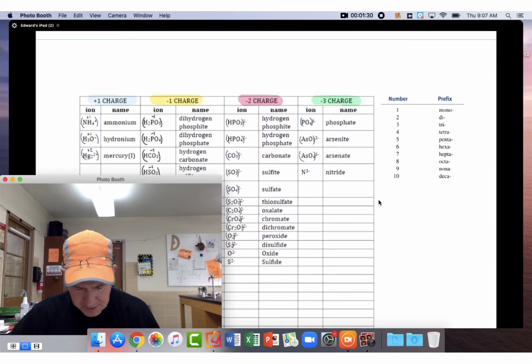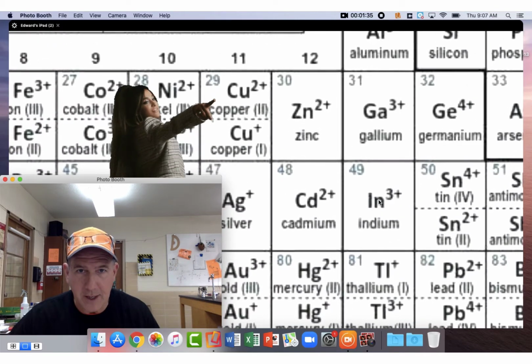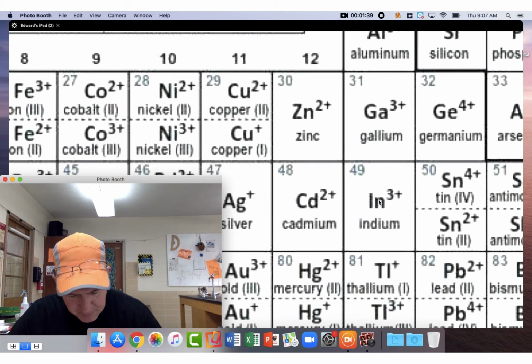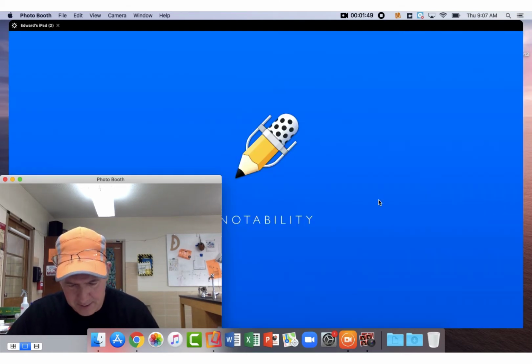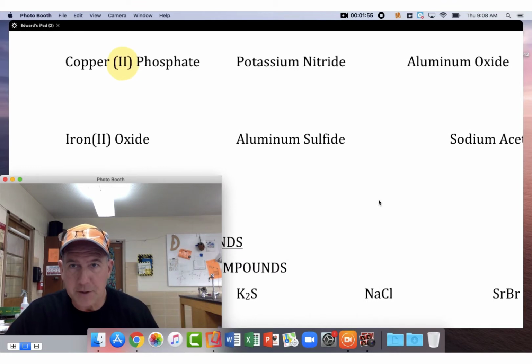Ion chart. And if we look, it's right there. This is copper 2, just as what we said before. So copper 2 has a +2 charge.